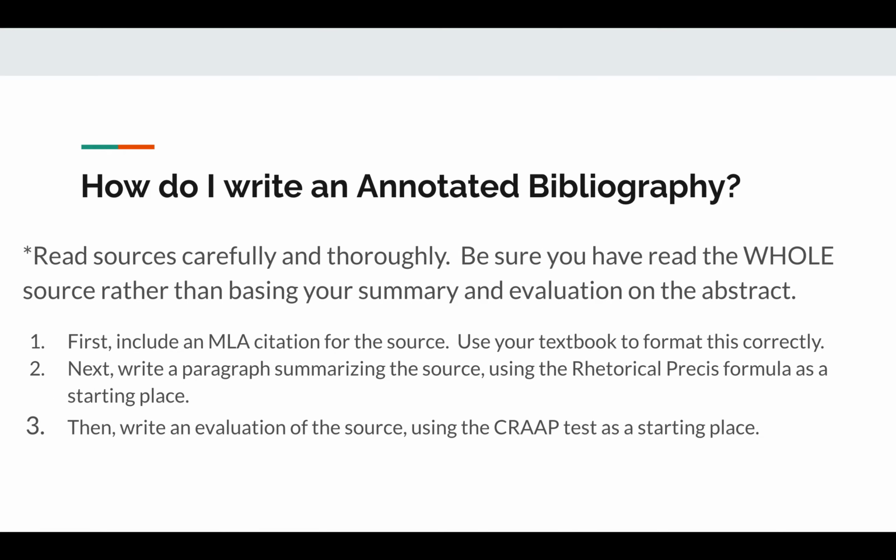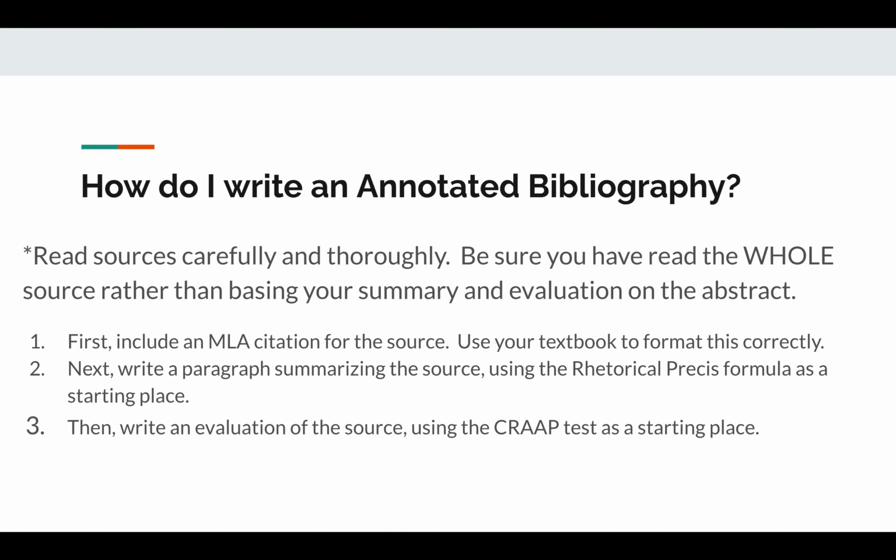So one really important part of writing an annotated bibliography is that you really need to read the whole source carefully. When students make mistakes on the annotated bibliography, those mistakes tend to result from not reading or understanding the source in the first place. So the summaries get really sloppy, the evaluations are really vague.